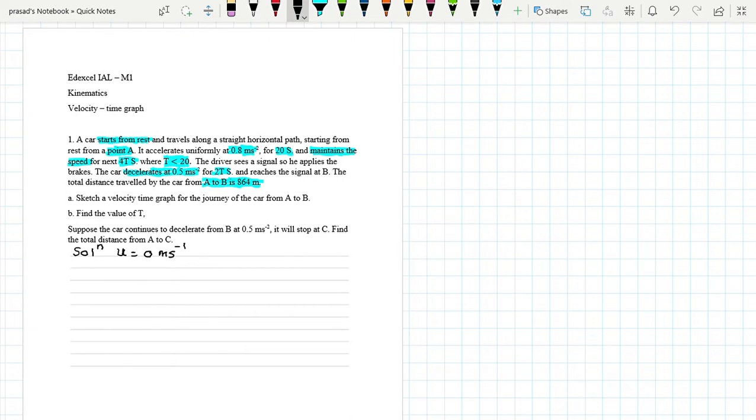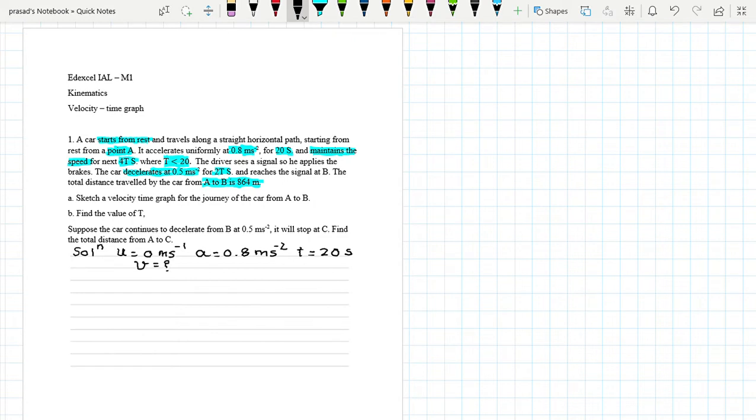Now, the car is accelerating at 0.8 meter per second square and it is taking 20 seconds to reach the particular velocity. So let us find out the velocity. We want to find out the final velocity here.